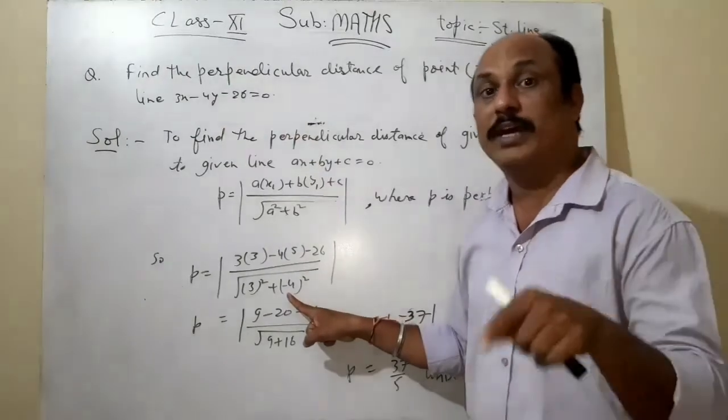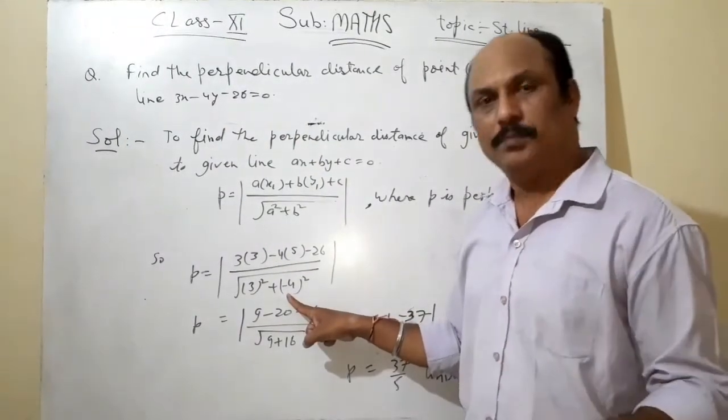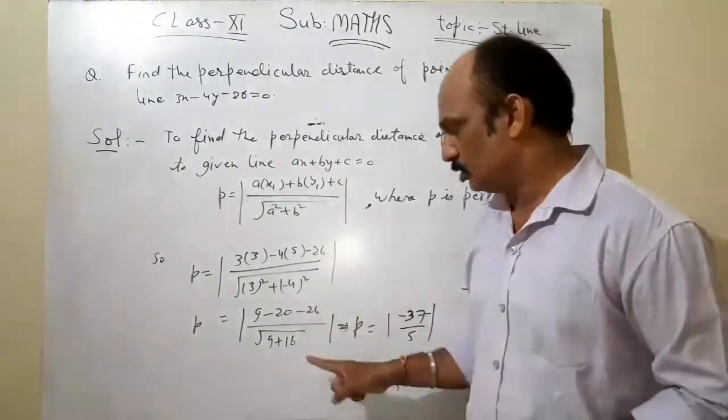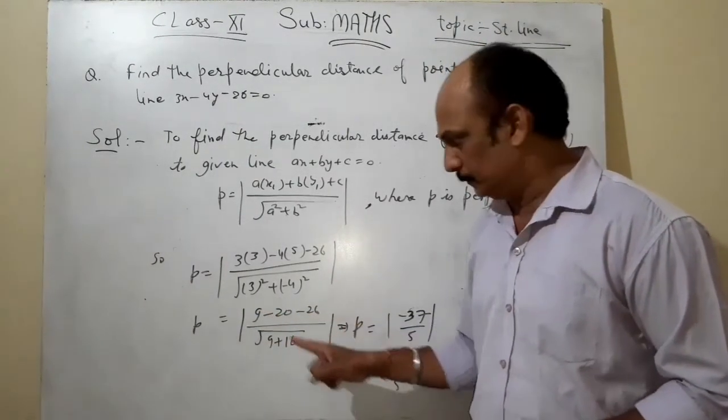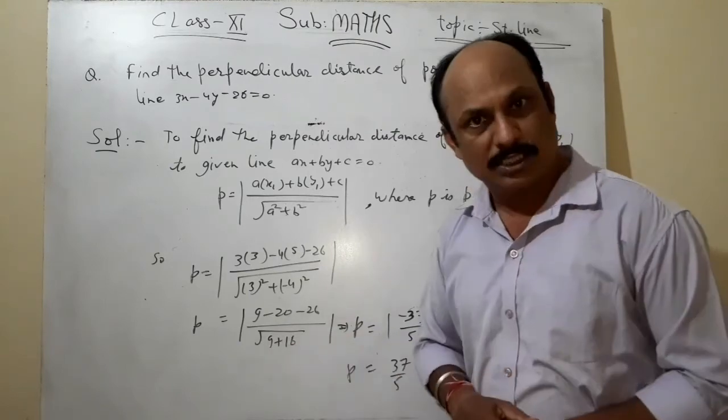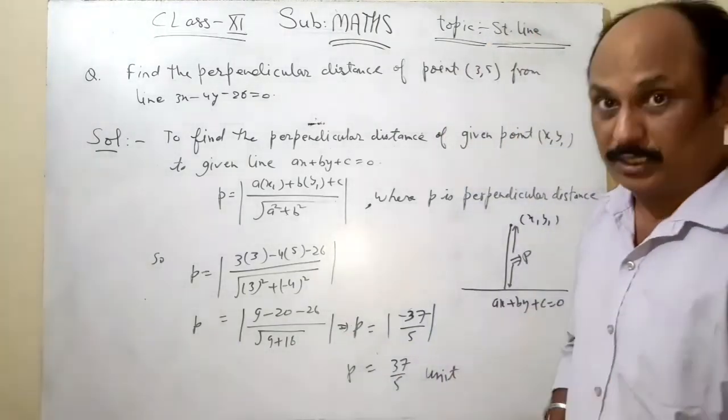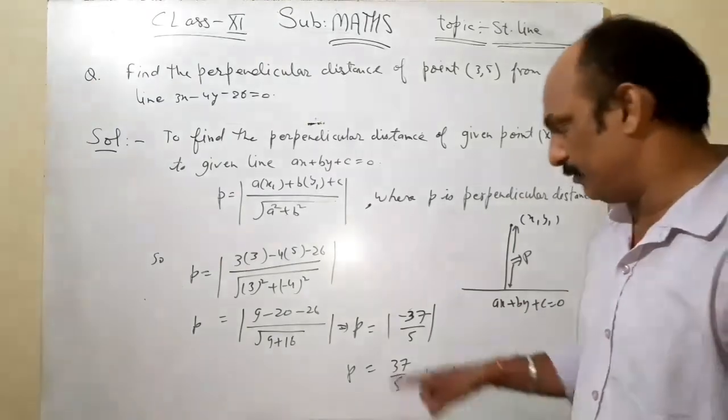So square of minus 4 always positive 16. So we get 9 minus 20 minus 26 upon in square root 9 plus 16, and 9 plus 16 is 25 and square root of 25 is 5.